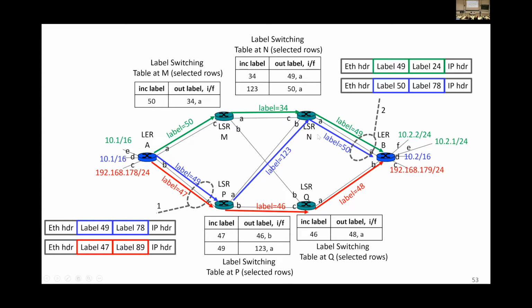So the value here must be set up when we set up the switching path. When we set up the path here, this value is chosen based on the values that are available. Perhaps, for example, this path was set up before and the 50 is already taken, so we could not reuse 50 here. But B, of course, knows what are the possible labels.